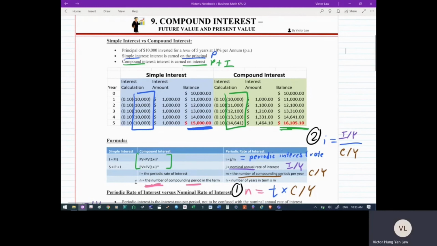The next terminology that you need to know is N. N stands for the number of periods, and the formula for N is N equals T times C/Y, number of years times your compounding per year. So those are the two formulas that you need to know. N equals T times C/Y, and I is your periodic interest rate. I equals I/Y divided by C/Y.